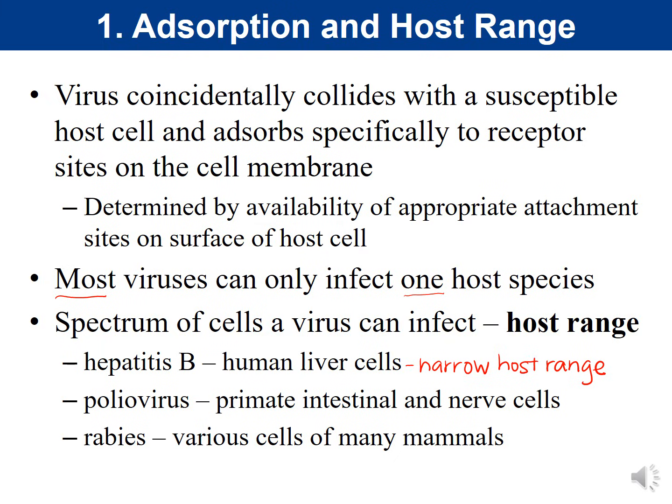Rabies, on the other hand, infects various cells of many mammals. Typically when you think of rabies, you think of dogs, bats, etc. This virus not only infects just one species, it affects multiple species and multiple cell types. And so this we would say has a broad host range.